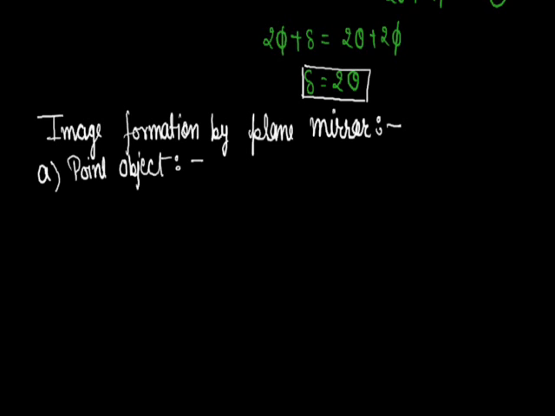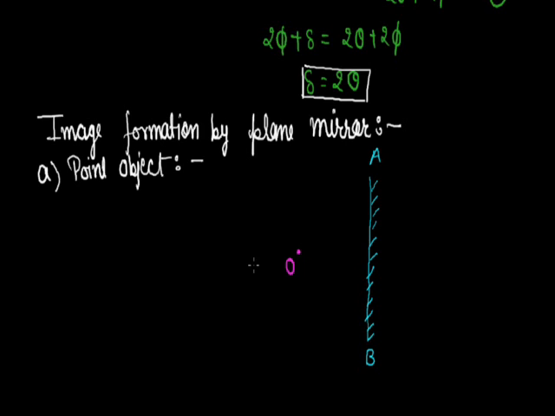So suppose a mirror AB is there and a point object is placed here. Suppose it is O.